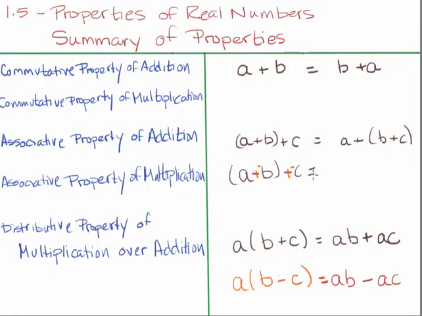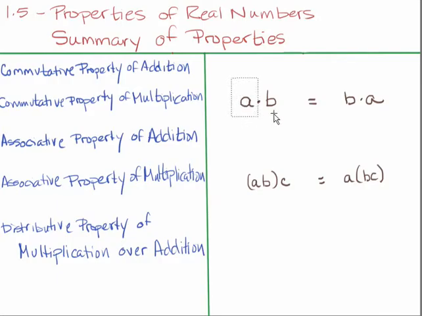And then I can rewrite my problem as a plus negative b plus negative c. Both the commutative property and the associative property of addition work when you subtract instead, but you must first change the subtraction to addition of the opposite.